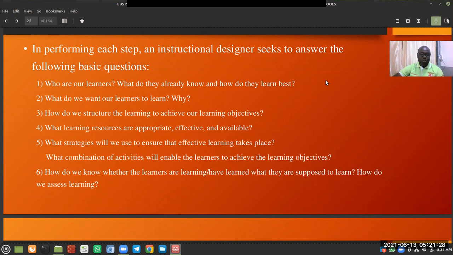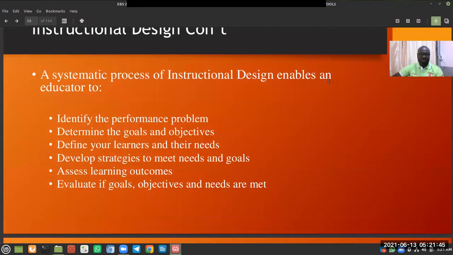Finally, how do we know whether the learners are learning or have learned what they're supposed to learn? How do we assess learning? And you'd have seen that these questions throw more light on the 6 steps I spoke about earlier.